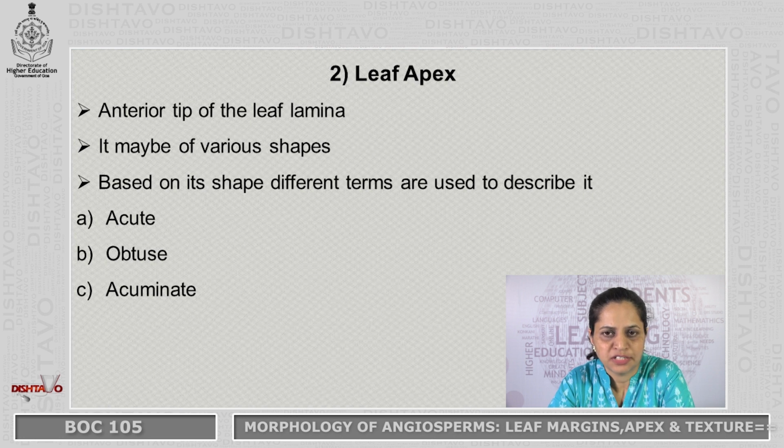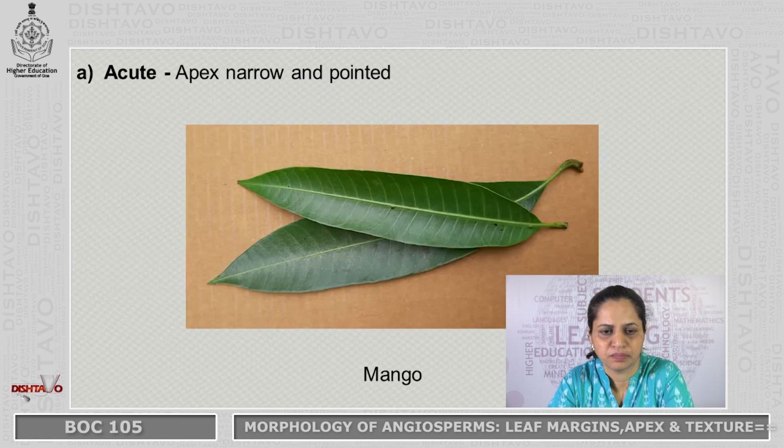Now coming to the next topic, leaf apex. So what is the leaf apex? The anterior tip of the lamina is termed as the leaf apex. It may be of various shapes and based on its shape, various terms are used to describe it. For example, acute, obtuse and acuminate.